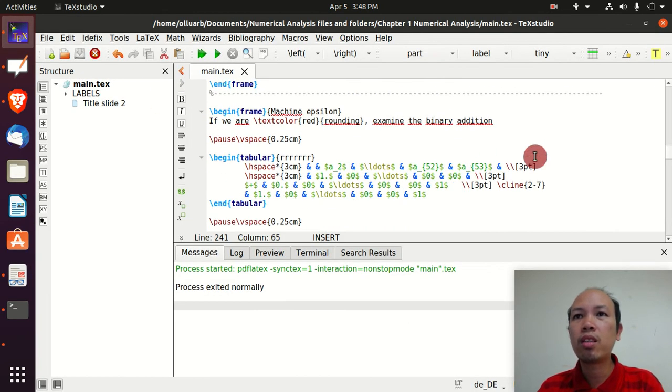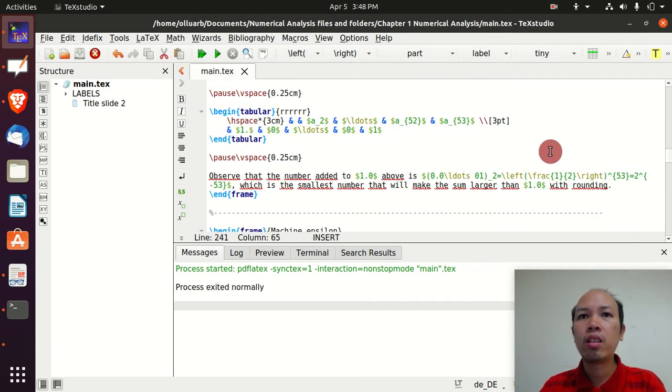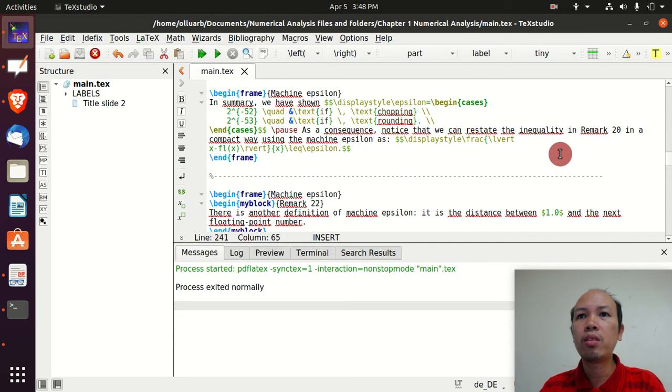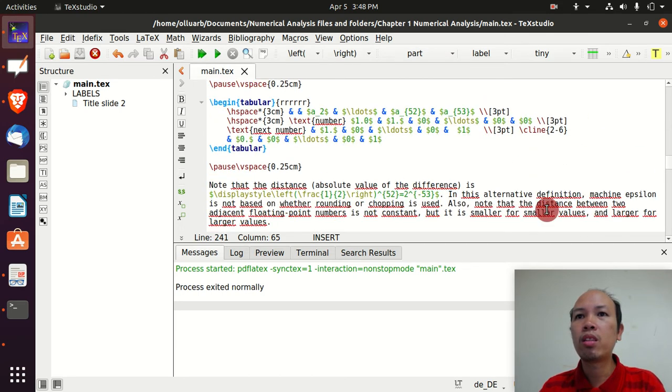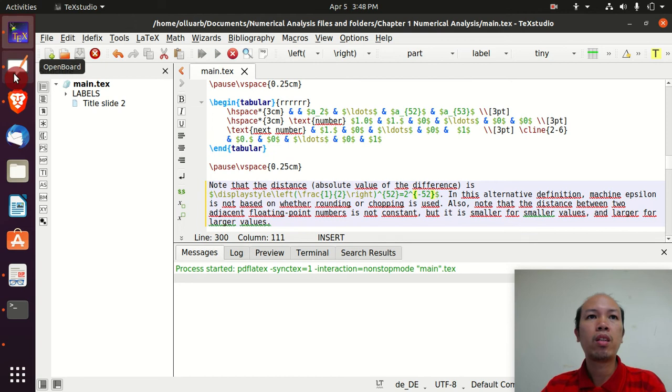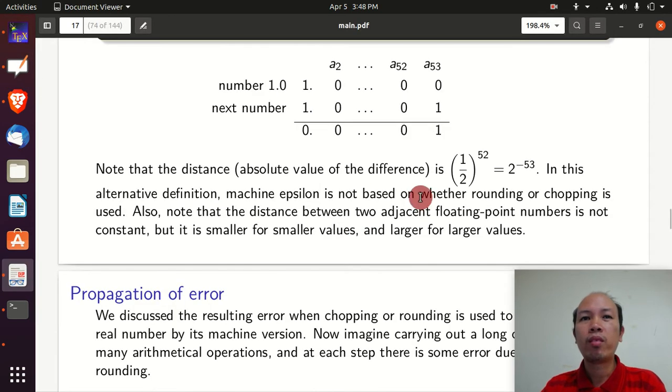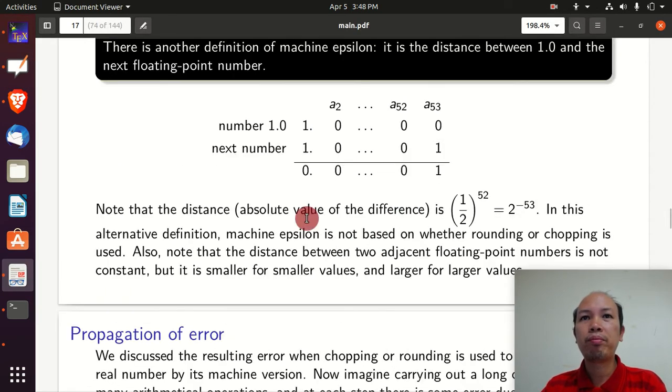Sorry, again, I think I made a mistake. The distance between, I think this one, 2 to the negative 52. Okay, so the same idea if you are going to use chopping or rounding.